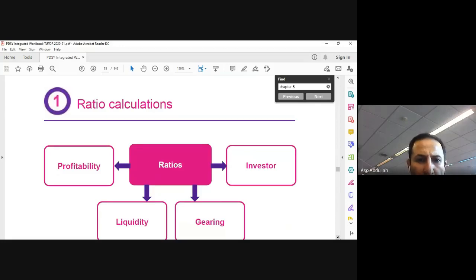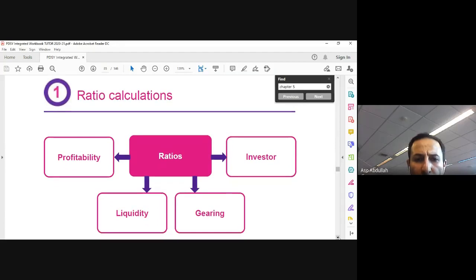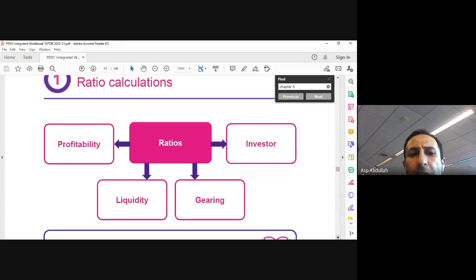So first of all, for ratio calculations, we look at profitability, we look at investor, then we look at liquidity, and we look at gearing. In order to understand profitability, we will analyze it through different methods.